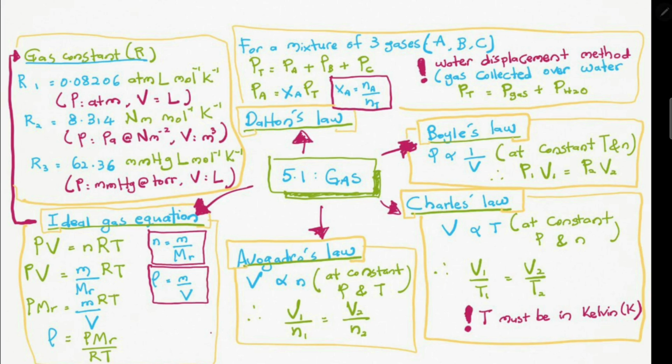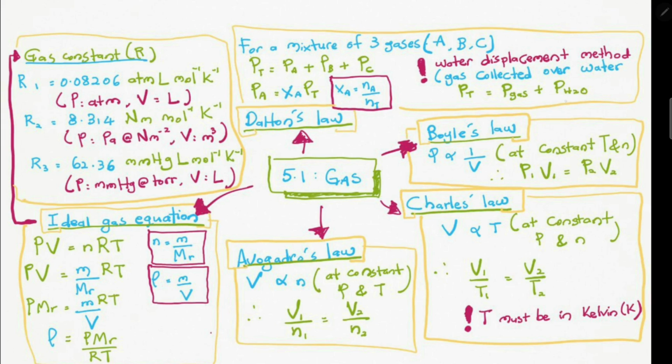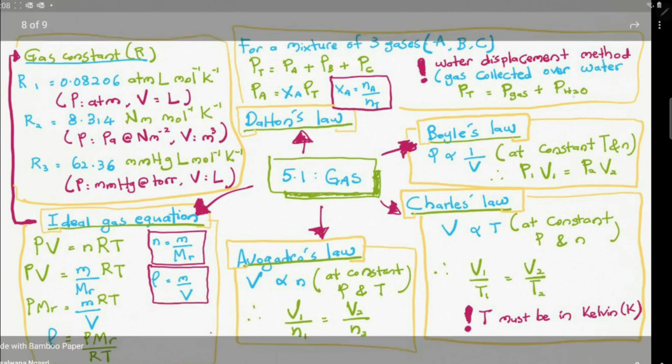We need to consider the pressure of water here, P water. The pressure given in the question is actually P total. So to calculate the P gas, we need to subtract P H2O from P total.